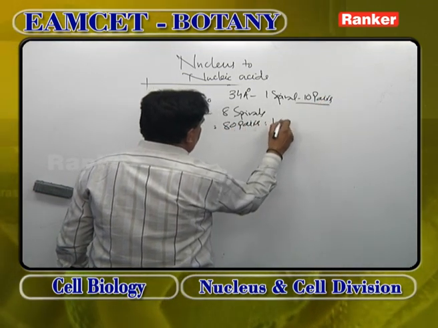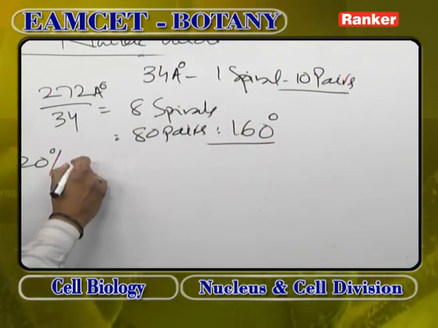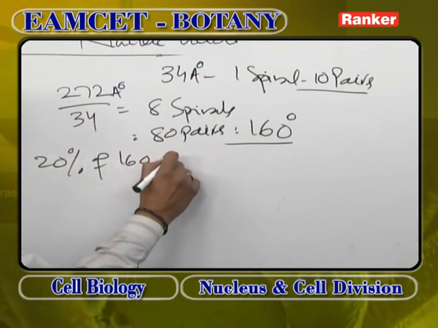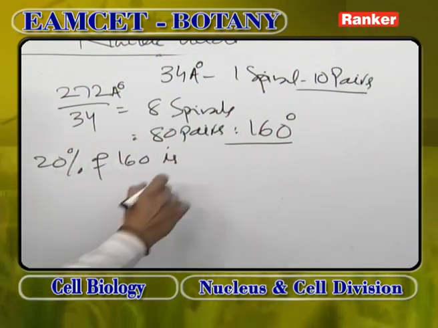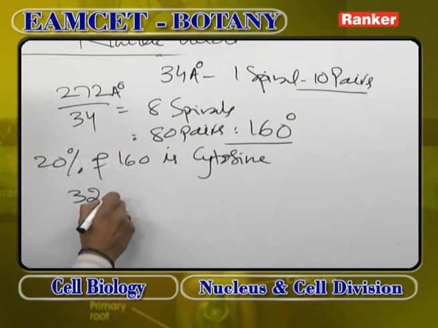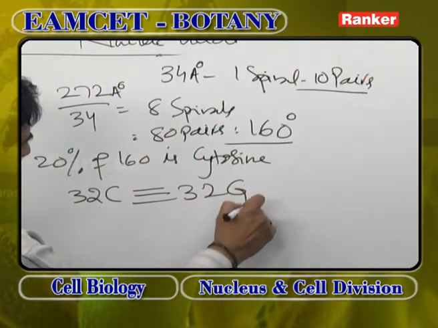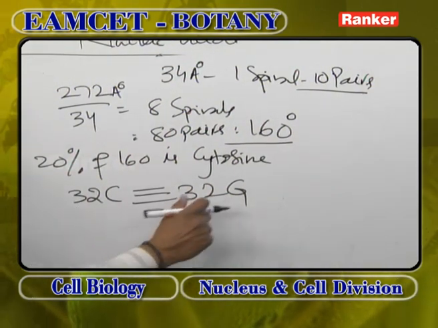80 pairs means 160 nucleotides. 20% of 160 is cytosine, that means 32 are cytosines. If 32 are cytosines, 32 are guanines. 32 plus 32 is 64.